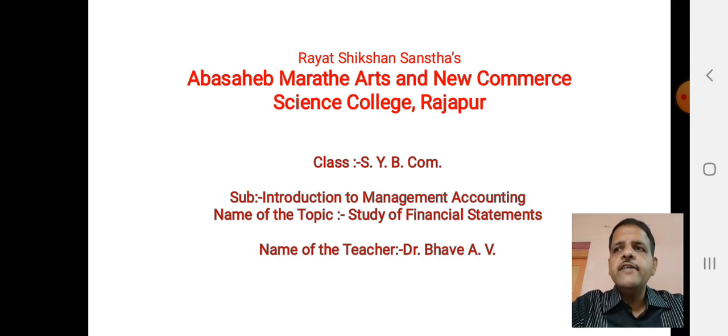On the other hand, the other statement is called income statement or vertical profit and loss account, we can say, which shows the financial results of a business operation during the particular period.